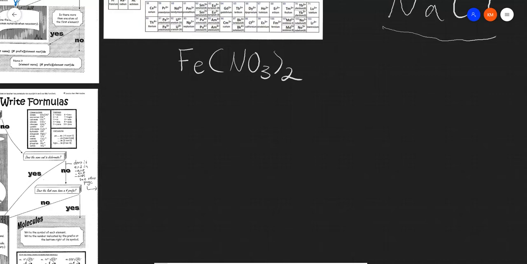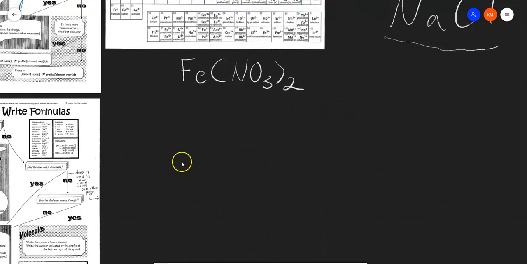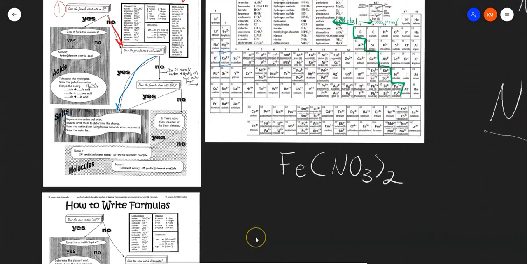Okay, so we go through our process again using the flow chart. Does it start with hydrogen or H? No, it does not. It starts with Fe. Does it start with a metal? The answer is yes, it does. Fe is iron. Iron is right here. Starts with a metal.